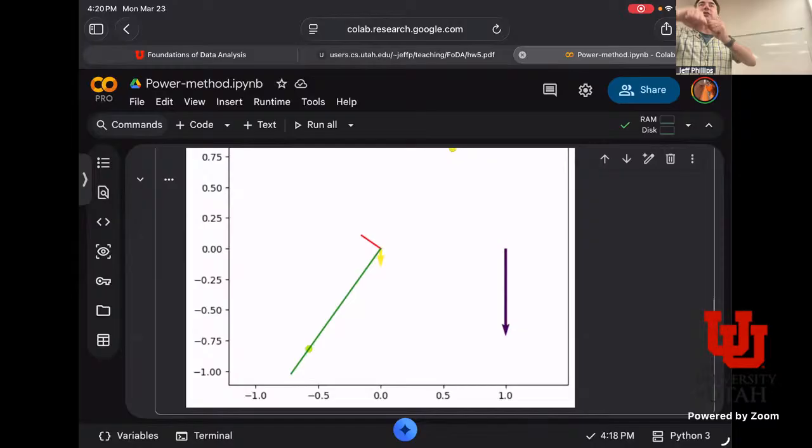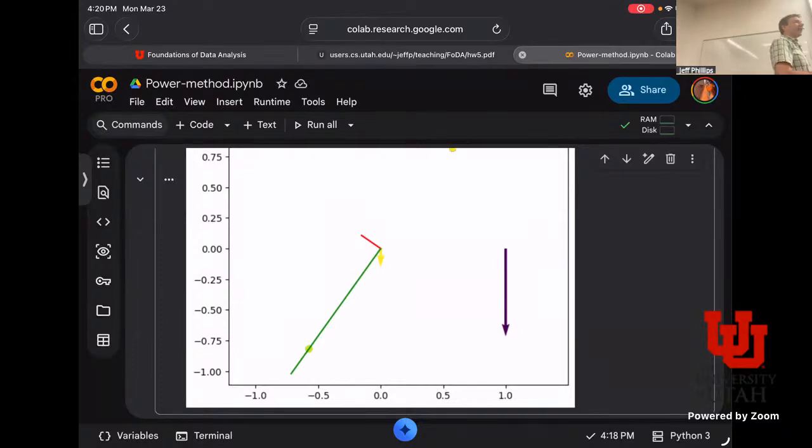So it's really stretching stuff out along the eigenvectors when you multiply by the matrix over and over again. Once I pick the right eigenvector, then it will converge, because multiplying by that vector again will give back the same vector. So once I found an eigenvector, I will stay in that same position.